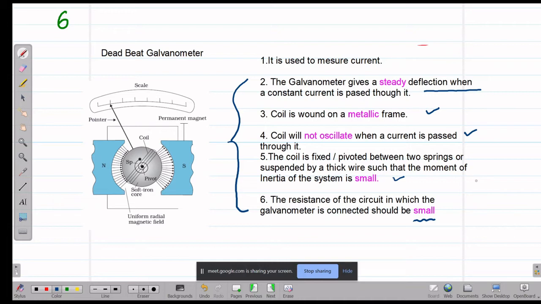So one of the questions you can get is: what are the conditions for a galvanometer to be deadbeat? The three important conditions are that the coil must be wound on a metallic frame, the coil must be suspended by a thick wire such that the moment of inertia of the system is very small, and thirdly, the resistance of the circuit where the galvanometer is used must also be small. We will see this later.